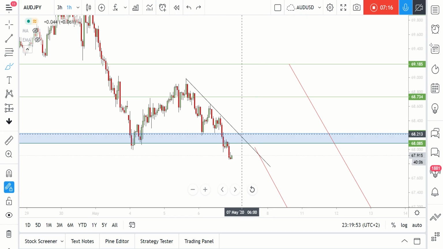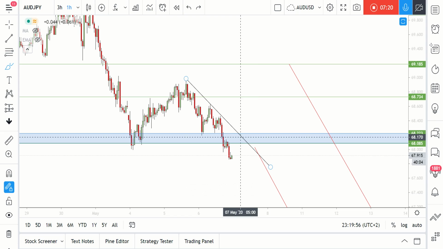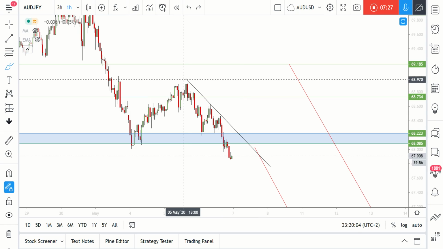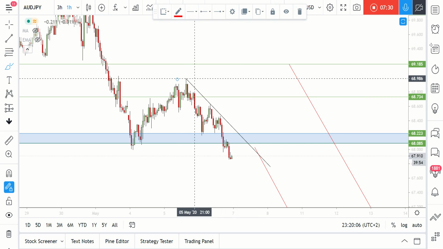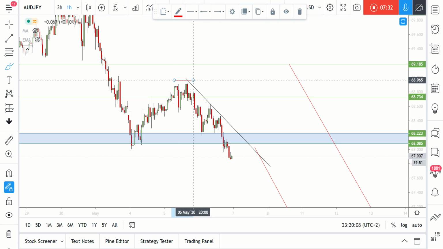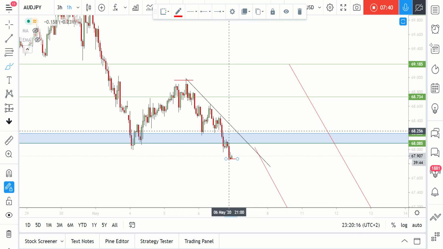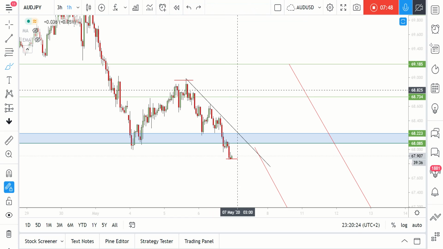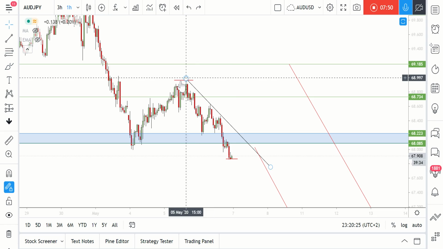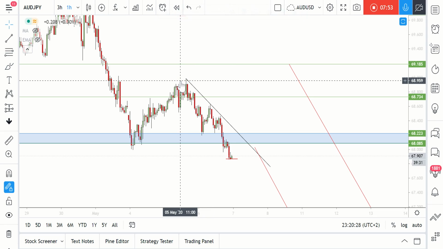Another thing, this retest here is approximately a 38.2 retracement, 38.2 to 50%, depending on where you pull your fib from. If you pull your fib from this swing high to what seems to be a low, 38.2 will be approximately there. So I'll be looking for a fib retracement, and our stop loss will depend on where we have our entry.